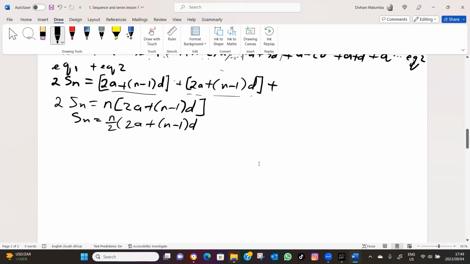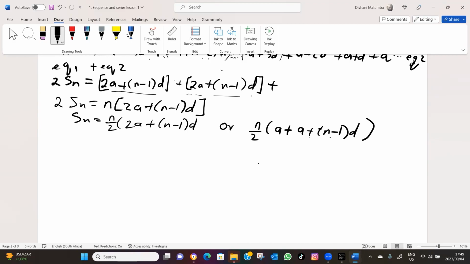Which can also be written in this form: n over 2 into a plus n minus 1 into d.